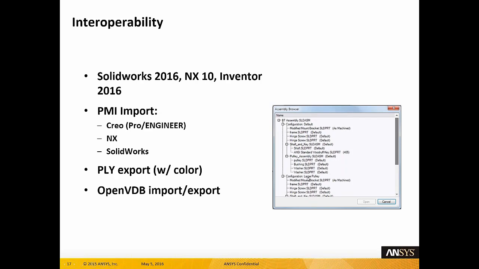I might have another configuration which is different. It might have some additional parts or maybe some removed parts, and the parts might be in different locations. Previously in SpaceClaim, you could only bring in the last saved configuration of that assembly. Now, at SpaceClaim 2016.1, you can select, using this assembly browser, which configuration you want to bring in.